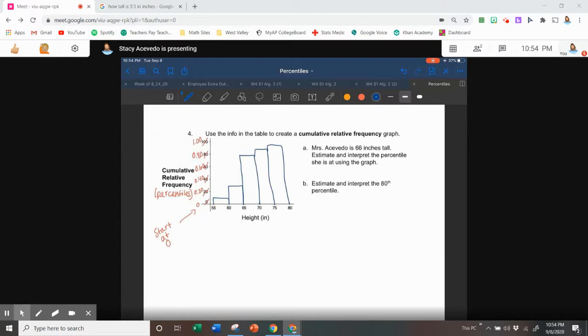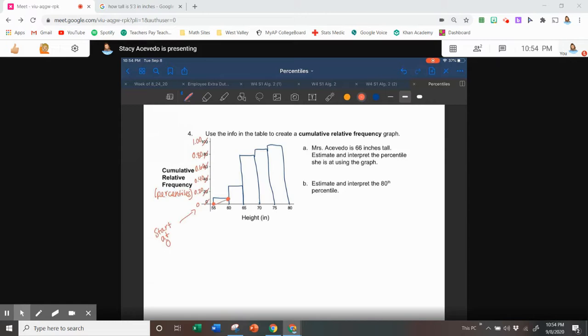Remember, we're making a relative frequency graph, so histograms really help with that. I would take a different color, and we always start at 0. Our first point we're going to make at 55, and then it's going to go to 60 where our histograms meet. We're just going to draw a line and connect the dots.